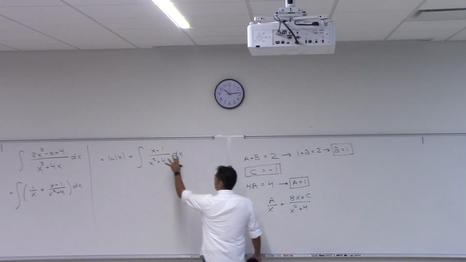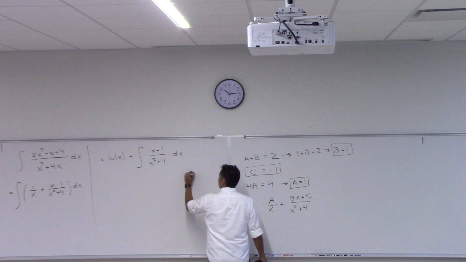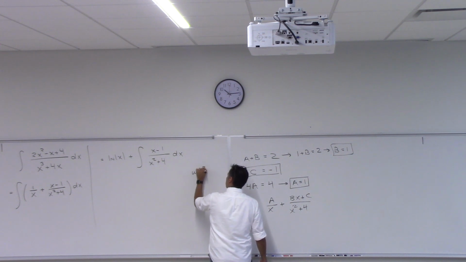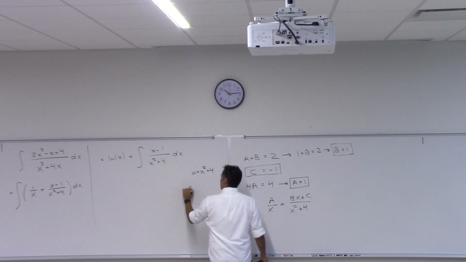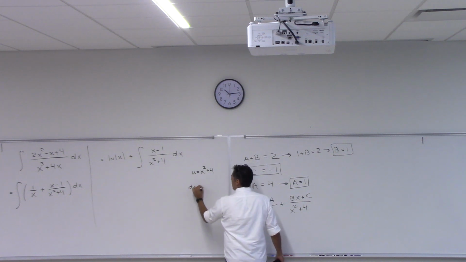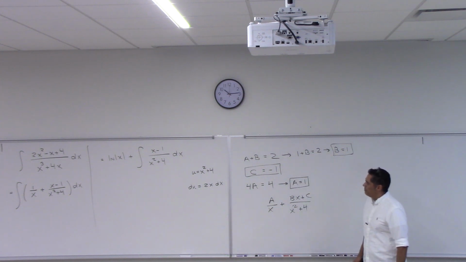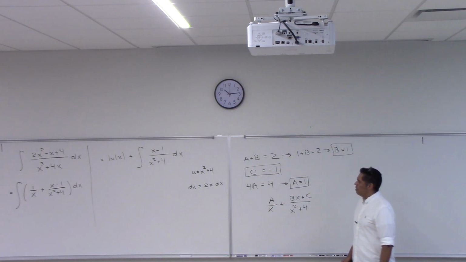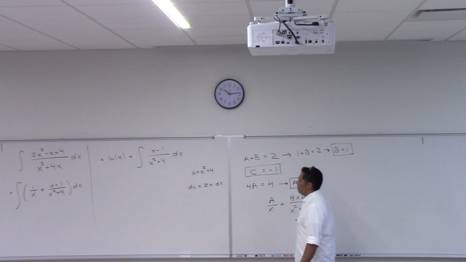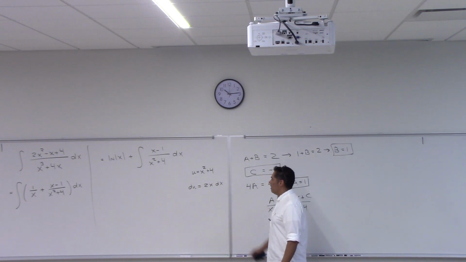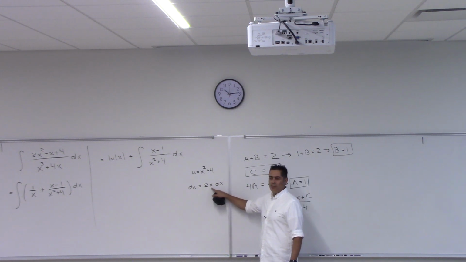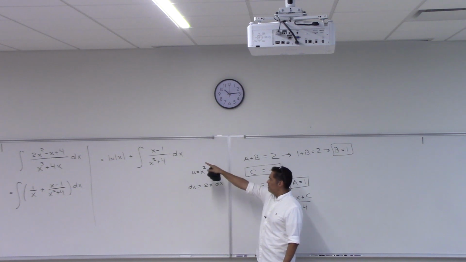So I'm going to work on this right now, and the technique for this is to let u be the denominator, and then take the derivative of that. The derivative of that is 2x dx. Do you have a 2x dx up top? No, you have x minus 1. We really want it to be 2x.